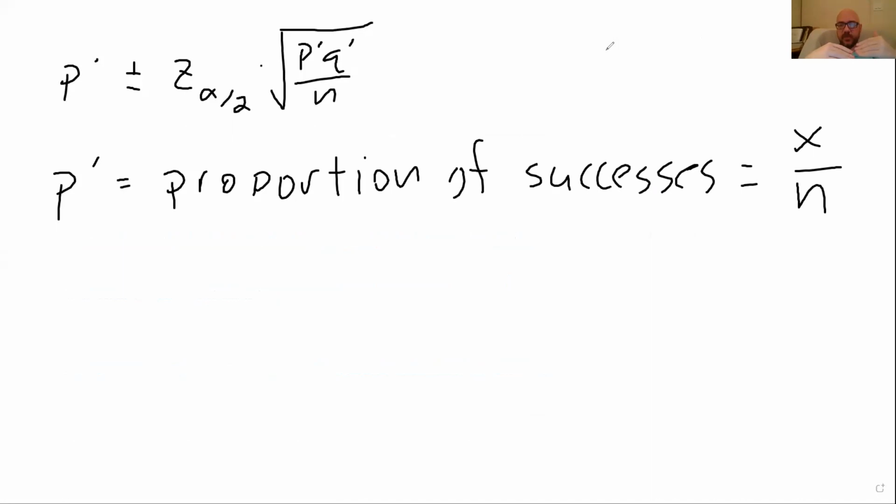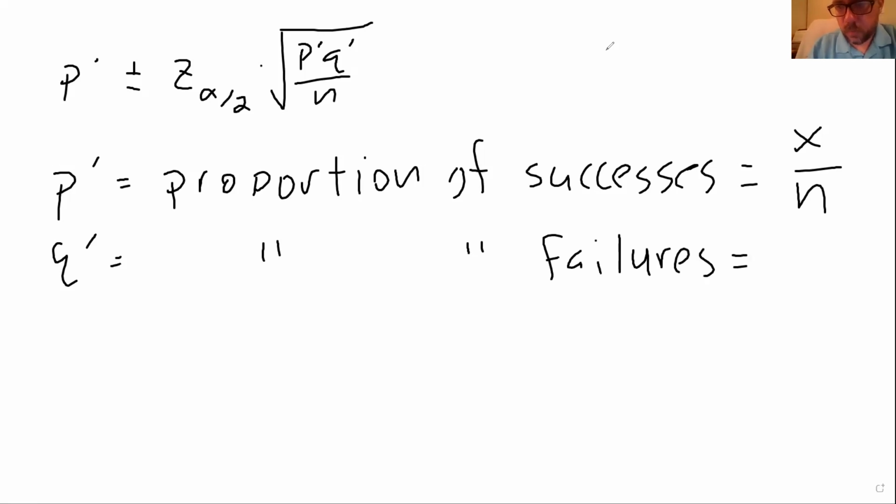Number of successes divided by the sample size, that's the proportion of successes. Q prime is proportion of failures, which is 1 minus P prime. Right, we've only got two choices, success or failure. In this case, it's approve or disapprove. And so it's just 100% minus whatever we got for P prime.